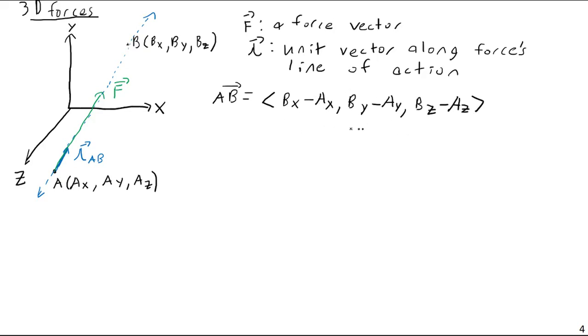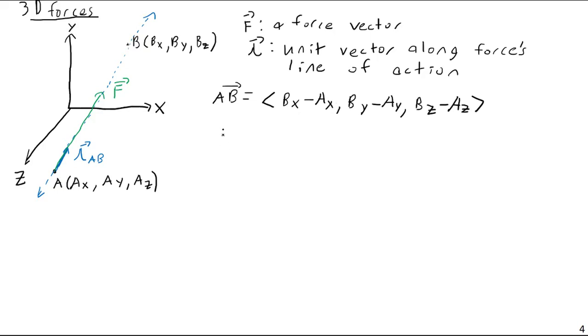That would be the actual full vector, so I would end up with something with a magnitude that's definitely not 1. It could be very small, it could be very large, depending on the actual values of these coordinates. After we develop this theory, I'm going to work through an example, directly calculating a unit vector for an arbitrary force.